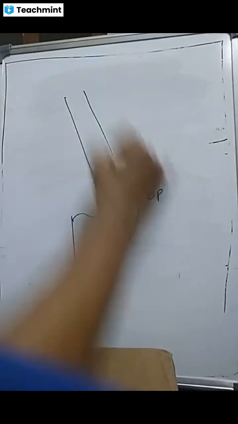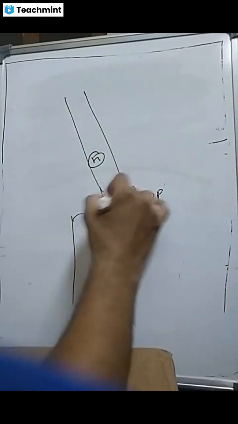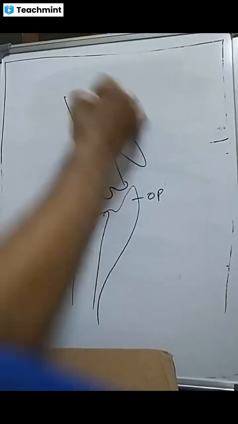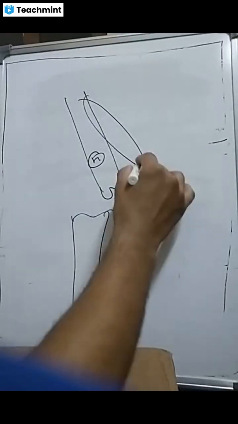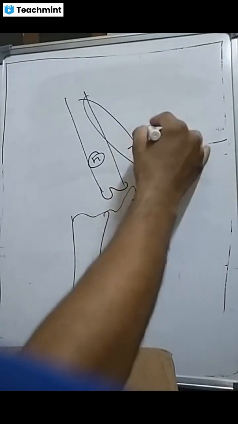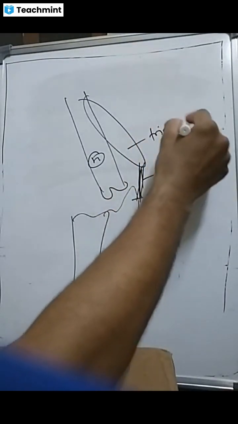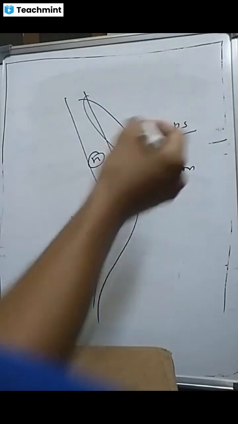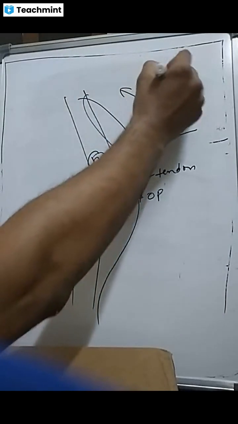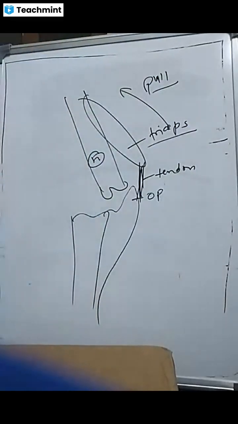Here, this is the humerus and there is one muscle connected with the tendon. And suppose this is your triceps. When it is pulling like this, this is the direction of the pull.